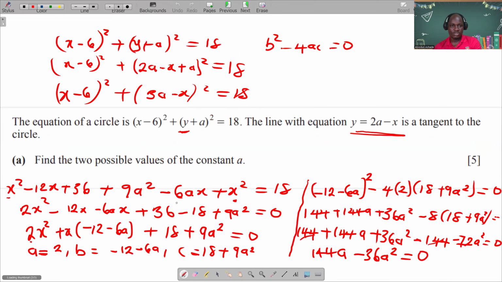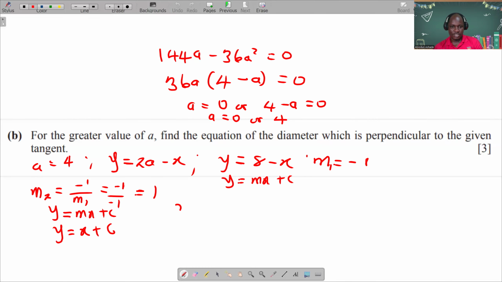If you go back to the equation of the circle, substituting the value for a, we are given that x minus 6 all squared plus y plus 4 all squared equals 18. If you check this, the center, which is a comma b, is 6 comma minus 4.